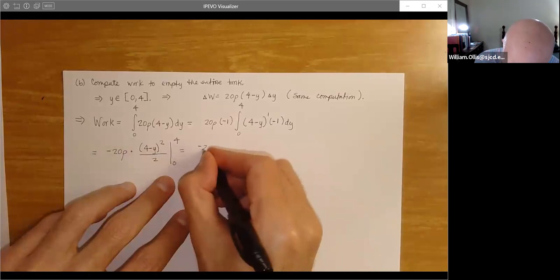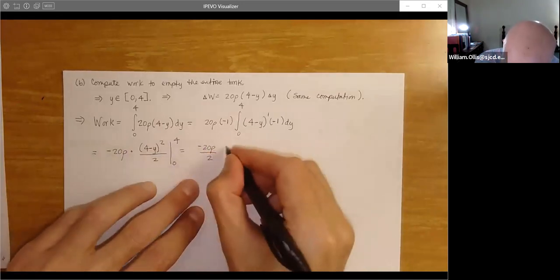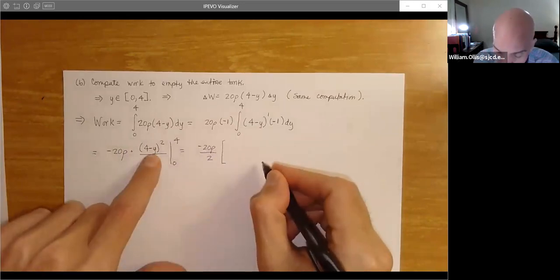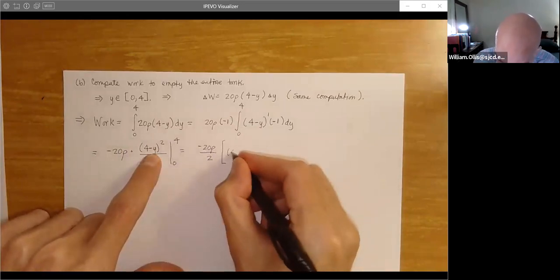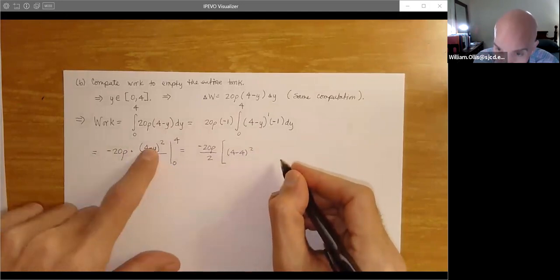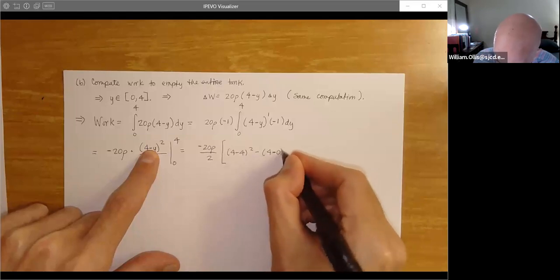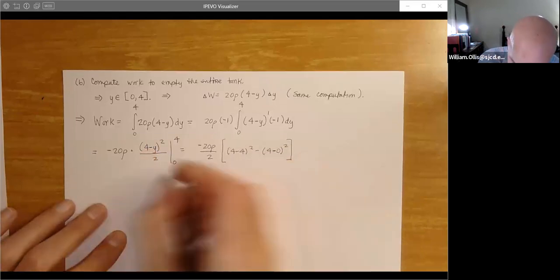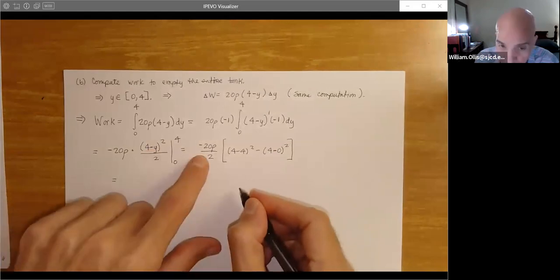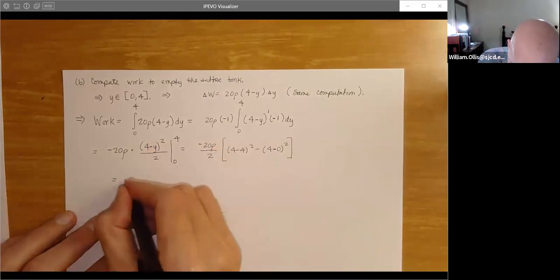So now we have negative 10 rho. And as we compute here, we have (4 minus 4) squared, and then at the 0 limit, (4 minus 0) squared. So just a minor change. Of course, this gives us the negative 10 rho since the 2 absorbs into the 20.